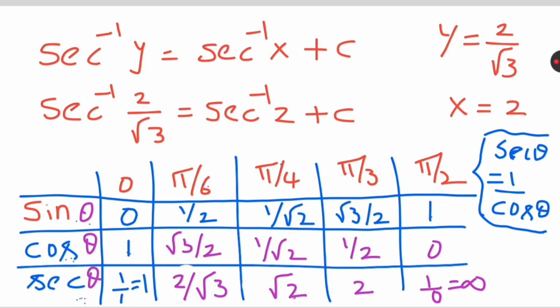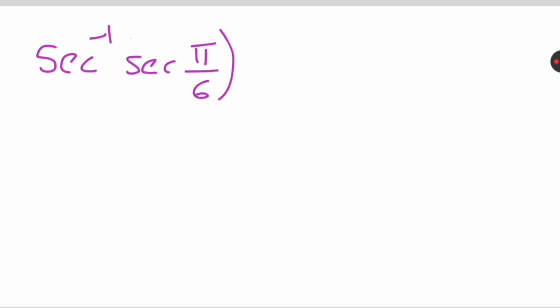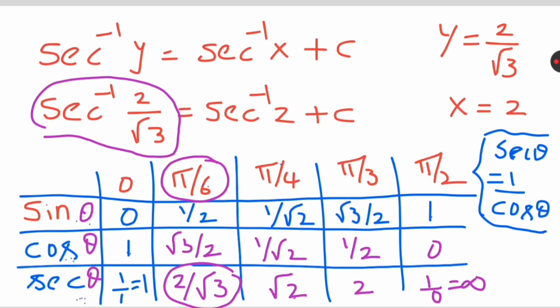So now here we have a secant inverse of 2 over root 3. So when we get 2 over root 3, secant 30, secant pi over 6 is 2 over root 3. So let's take that. So secant inverse of secant pi over 6, the value is 2 over root 3. So instead of 2 over root 3, I am writing secant pi over 6. So that is equal to secant inverse of what we have? We have 2.